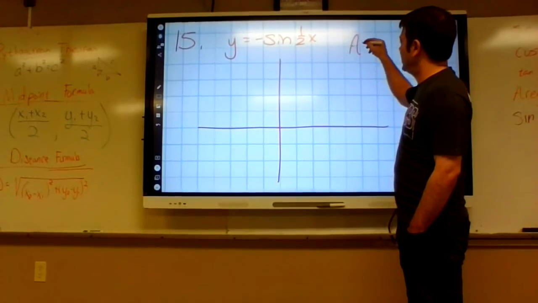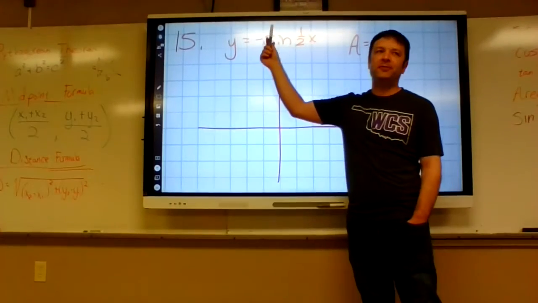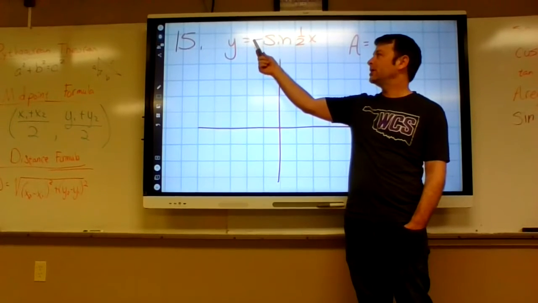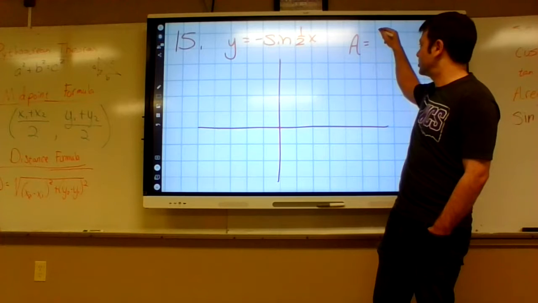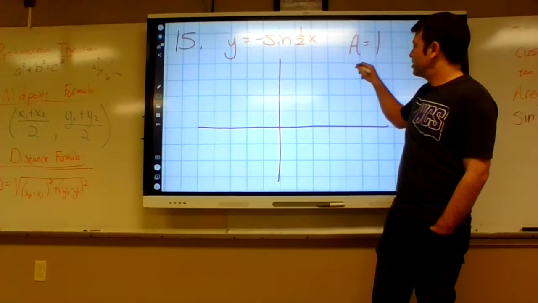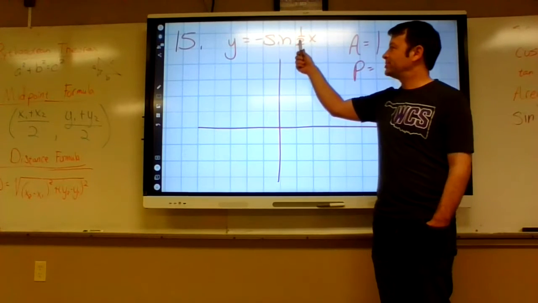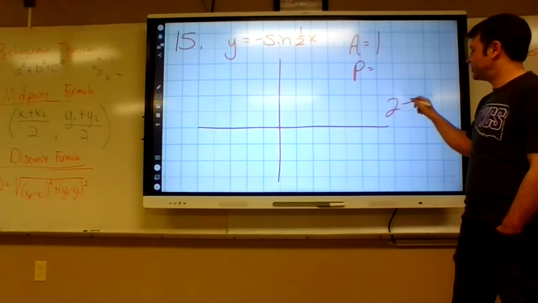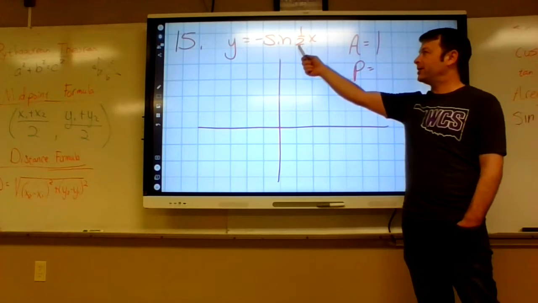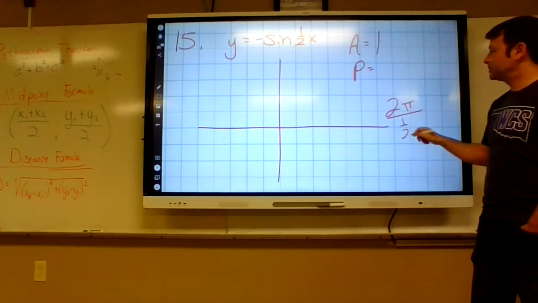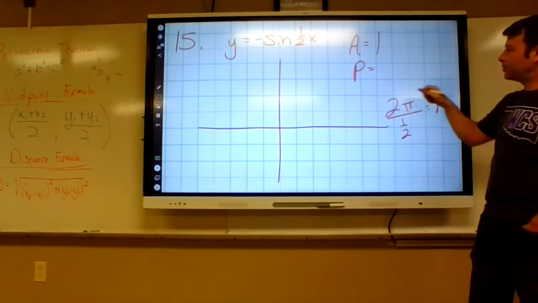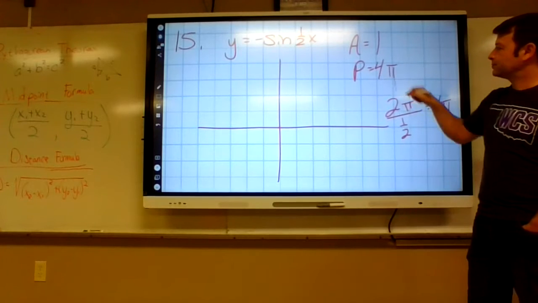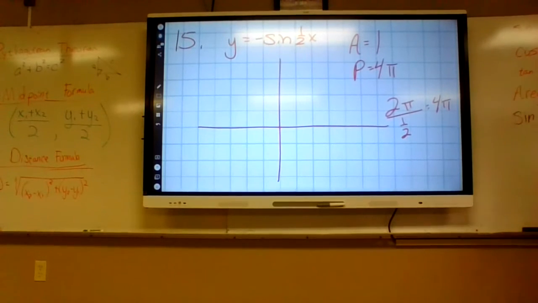What would the amplitude be for number 15? 1. It's upside down, but it's not any taller or higher or lower. The period normally is 2 pi, but on this problem it's going to be 2 pi divided by 1/2. So it's just going to be 4 pi. 2 pi divided by half is 4 pi.